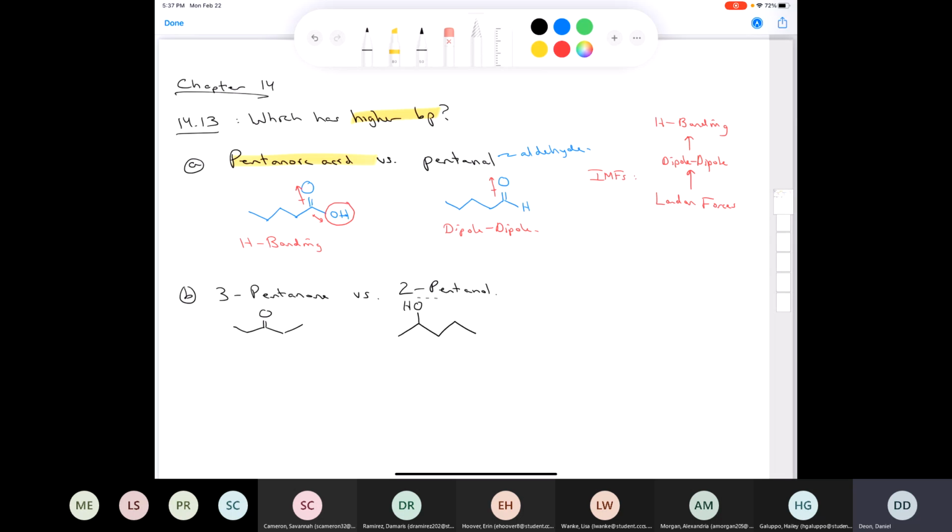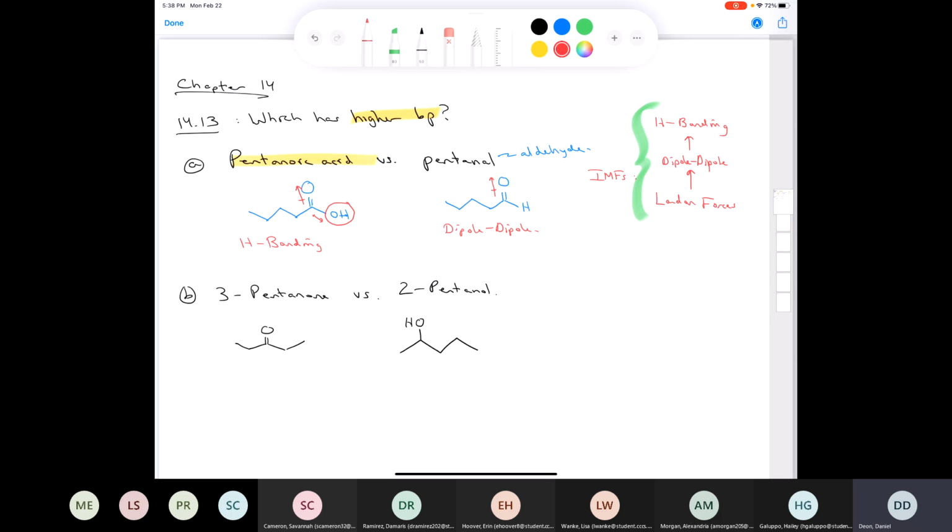Now again, if I look at these two compounds and I compare the types of intermolecular forces that each one possesses, could anybody tell me, based off of this summary that we looked at a couple minutes ago, which one of these would have the higher boiling point? Would it be 3-pentanone or 2-pentanol? Absolutely. Thanks, Sadie. You're all correct, right? It's 2-pentanol. Why?